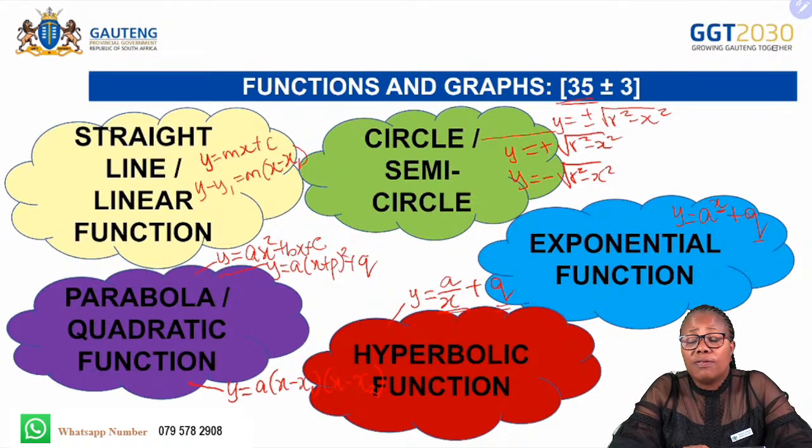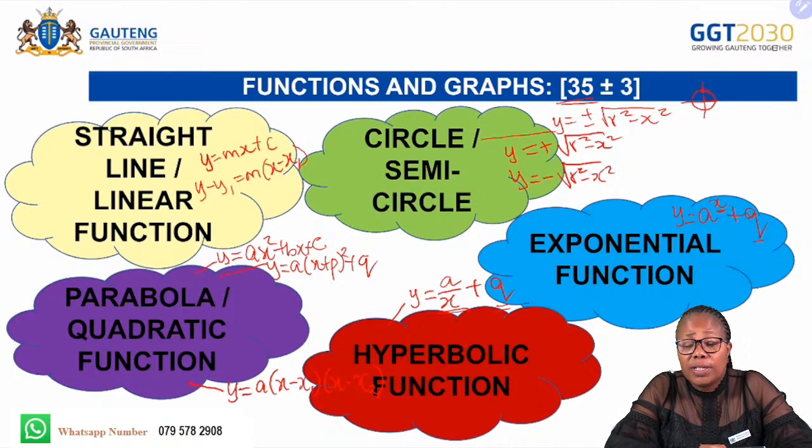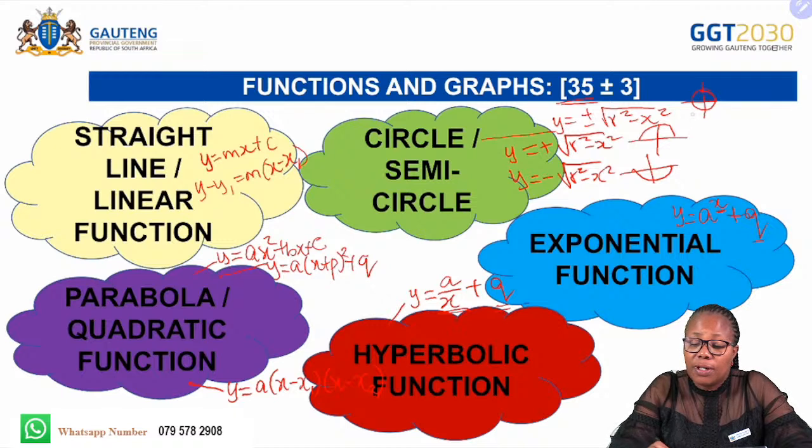What is the difference between the two? If you have a complete circle, you will have a complete circle like that. But when you talk about y = +√(r² - x²), the expected graph will be only on the positive y values, so it will be a half circle on the positive y. If it is y = minus, it will be a semicircle on the negative axis of y.